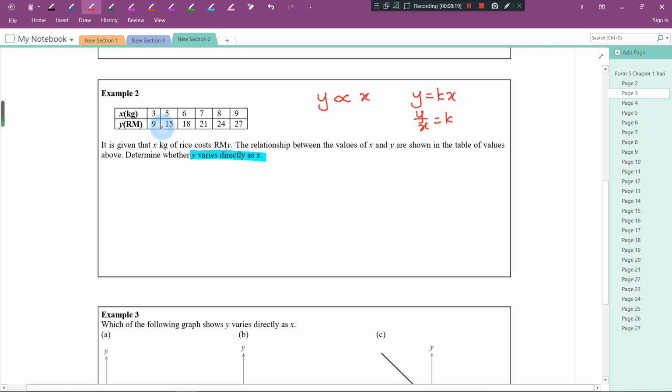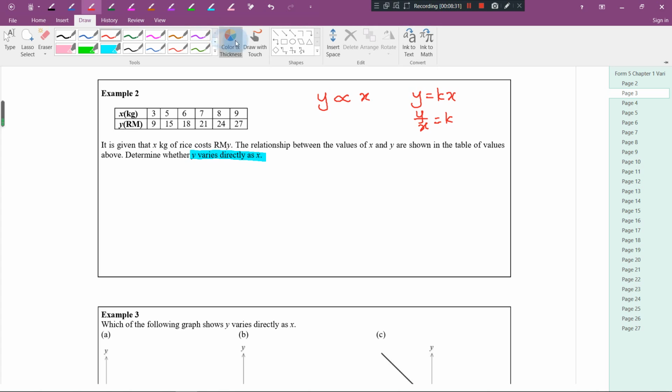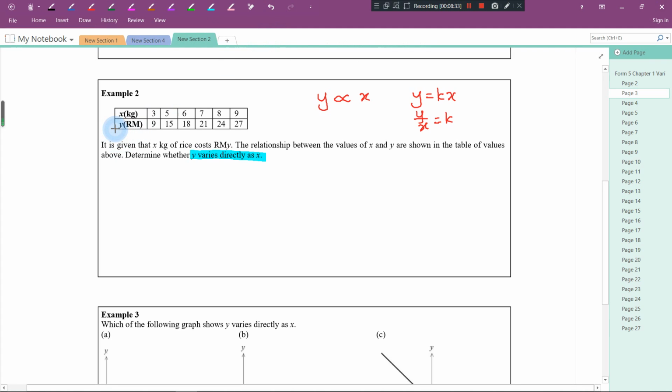If I always get a constant, then the answer is yes. If it's not, we get sometimes 2, sometimes 3, sometimes 4, and so on, then the answer is no. Okay, what we need to do is add one more row over here, and then find the value of y over x.